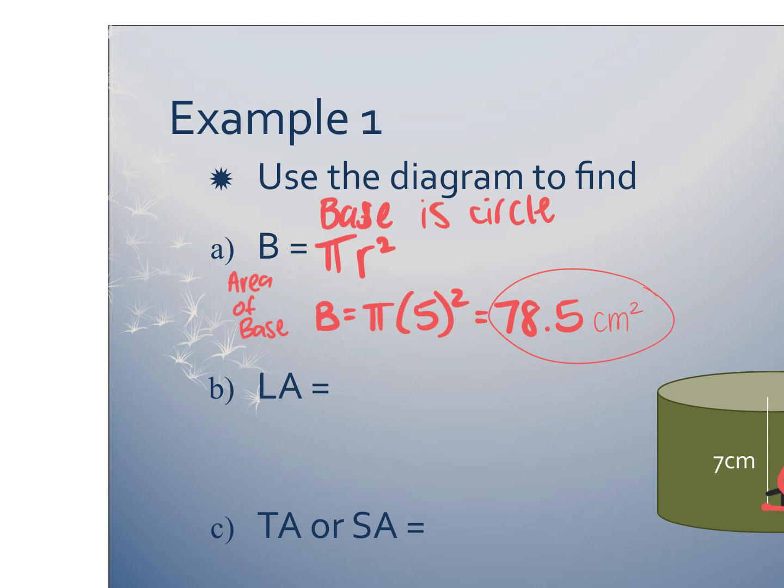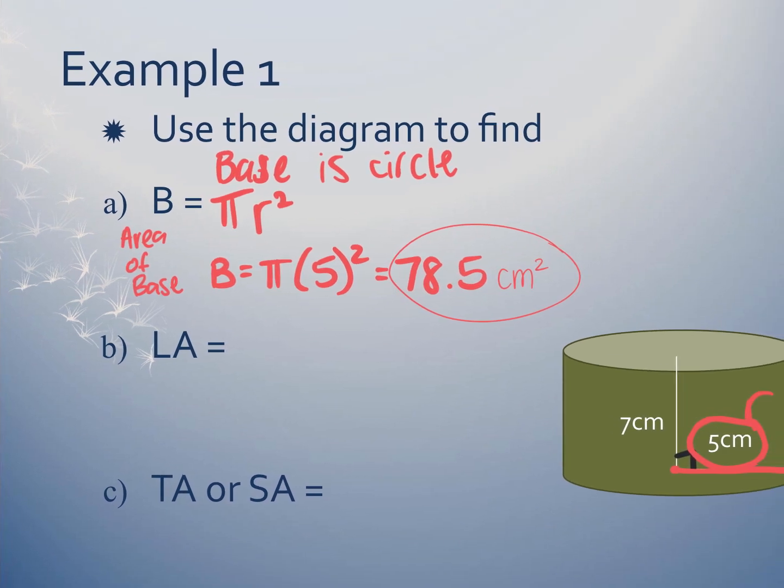To use it, we have to multiply by 2. But not until we find the surface area, we're going to double it. Now the lateral area. You're going to have to go back for this formula. This is the first time we've used it.